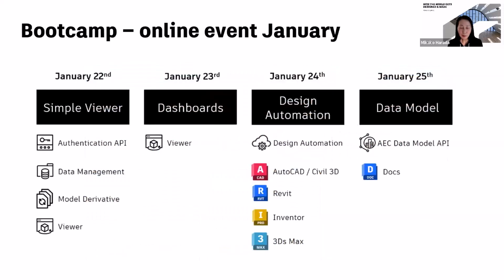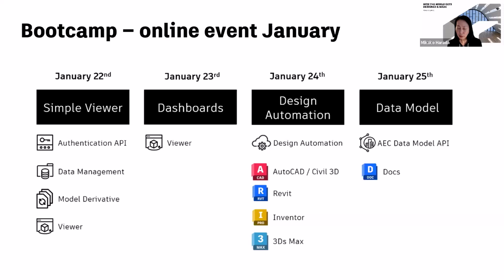And for the boot camp in January, for those of you who have joined before, the first three days will be the same as in the past. So the basics of APS on Monday, and the second day focusing on Viewer. The third day will be Design Automation. And then the fourth day is something new.